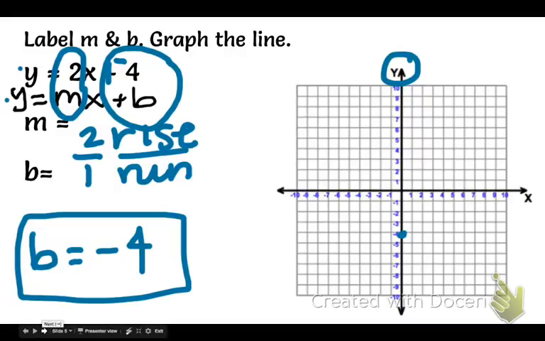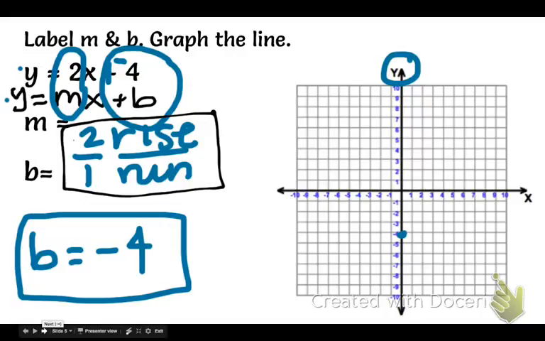Once I plot the y-intercept, I'm done using my value for b. Now I want to shift gears and start thinking about my slope. Slope, the rise over run, are the directions on how I'm going to get a few more points on my line. So I need to rise 2. If it's a +2, I will go up. If it's a -2, I'll go down.